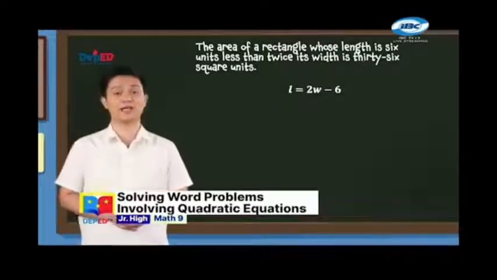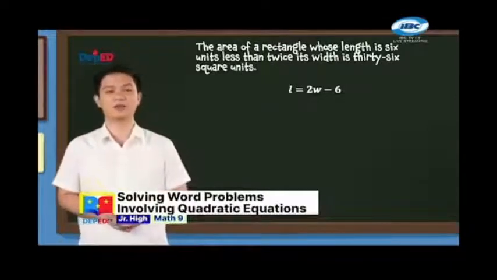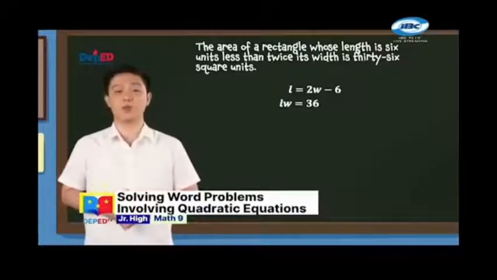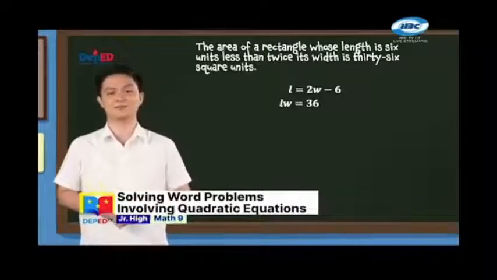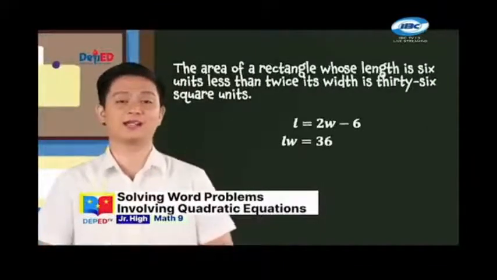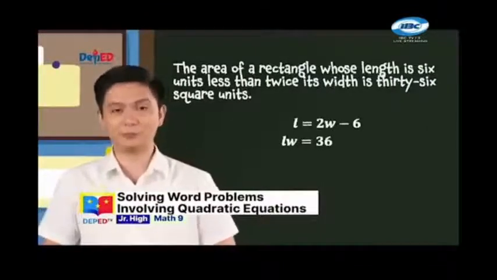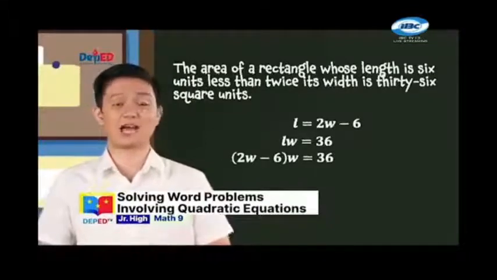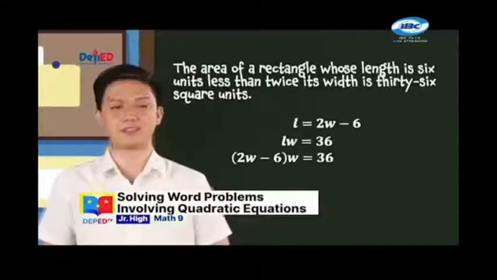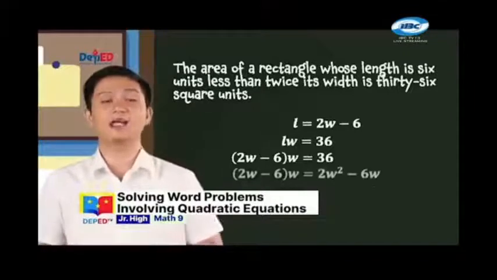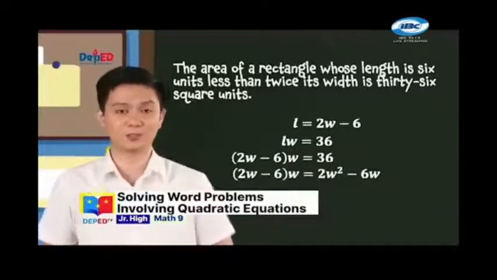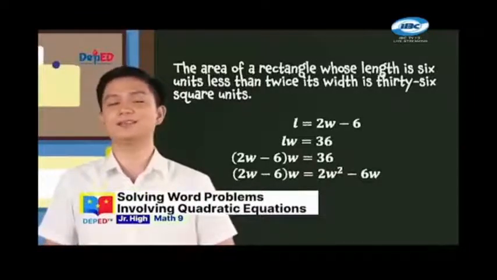The area of the rectangle is 36 square units. Therefore, the product of the length and the width of the rectangle is 36. The area then, in terms of the width, can be represented by the equation the binomial 2W minus 6 times W equals 36.